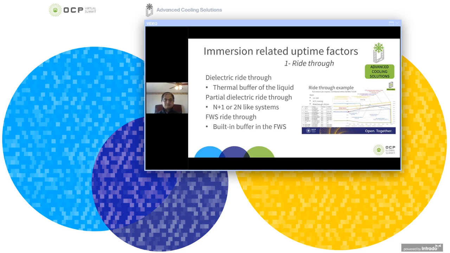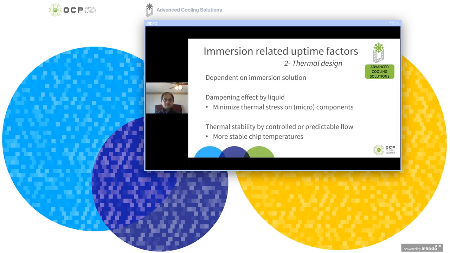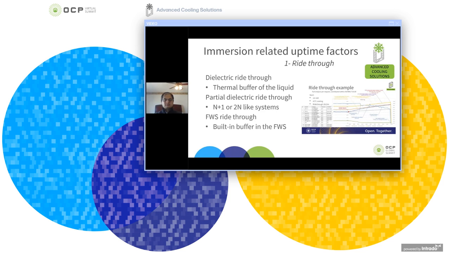The facility water circuit could be designed in such a way that it's got a built-in buffer of maybe a few thousand liters or more, which allows you to keep on circulating water throughout the facility to effectively keep cooling all the liquid cooled solutions in the facility. This is something that can be physically built into the facility, that can be completely independent of the technology. However, this will not be a solution for pump failure of the facility water circuit. So it all depends on which type of write-through you're designing for and which type of failures you're designing for.